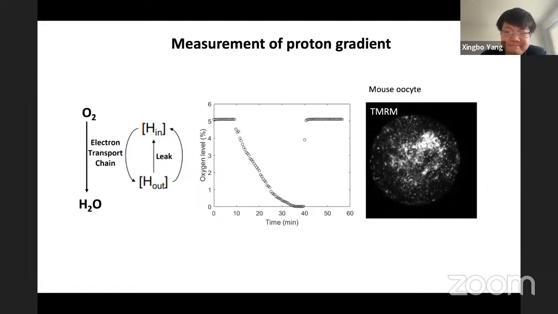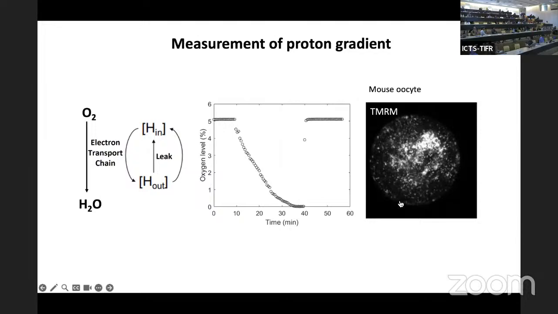Thank you. Hello. I had one question regarding the slide. As you were dropping the oxygen levels, before you start dropping it, there has to be some membrane potential present in the mitochondria. So as you're dropping the oxygen level, how exactly is it being dissipated?